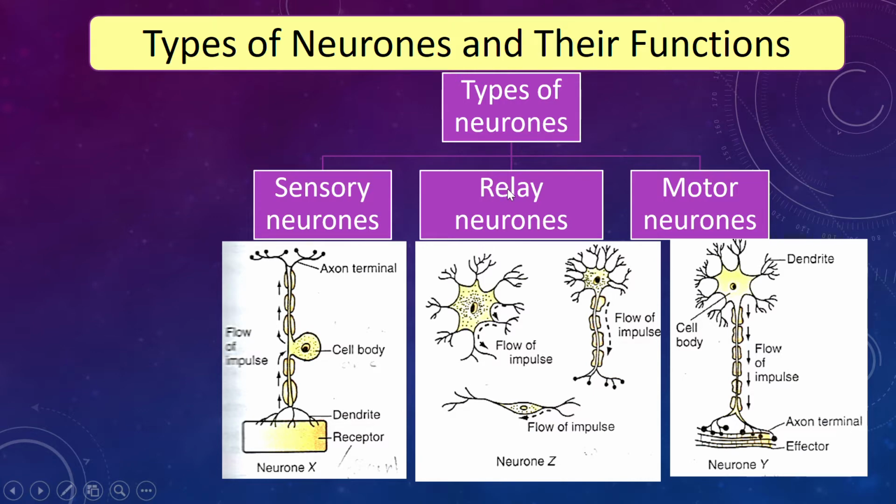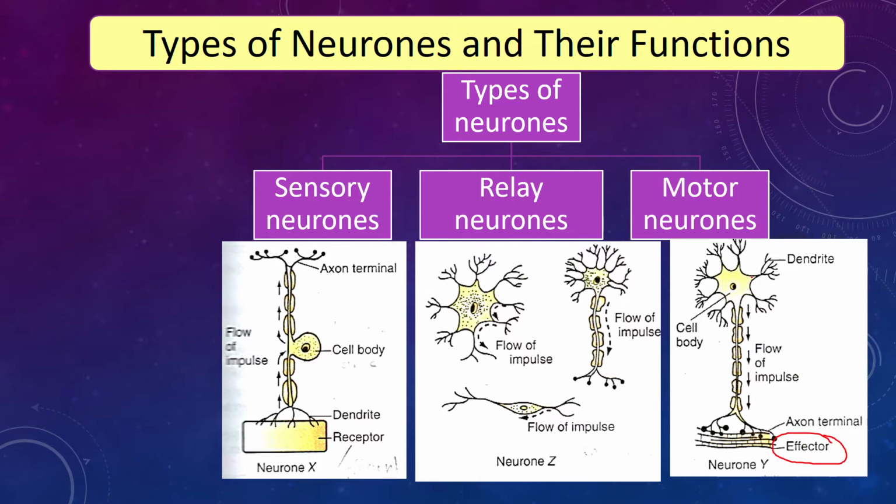Okay, if it is relay neurons, this is how it looks like. Somewhat similar to motor neurons, but if you look at motor neurons, you can check over here at the axon terminal, the synaptic knob. So it is next to the effector.